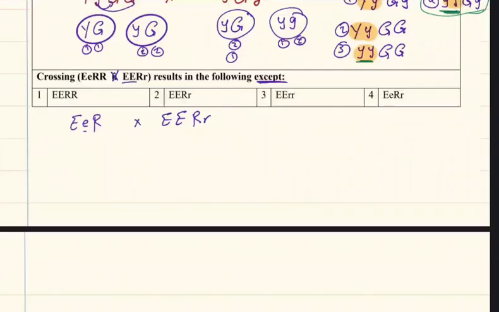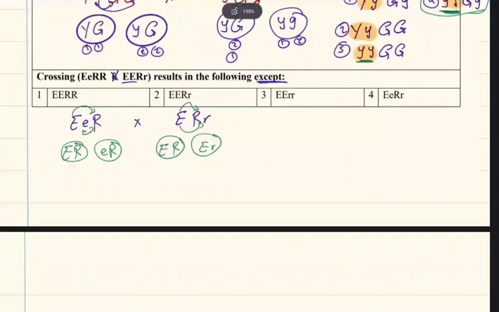I'm going to have the first gamete A capital R capital, and the second gamete A small R capital. For this one, with the same alleles, I'm going to erase one. So the gametes are A capital R capital and A capital R small. Now let's cross them.